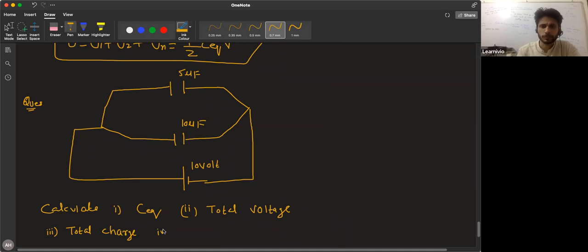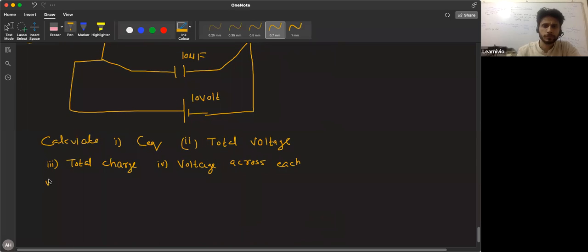Fourth part, the voltage across each capacitor. Fifth part, the charge stored in each capacitor. And sixth part, the energy stored in each capacitor.